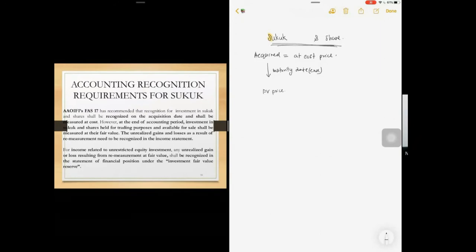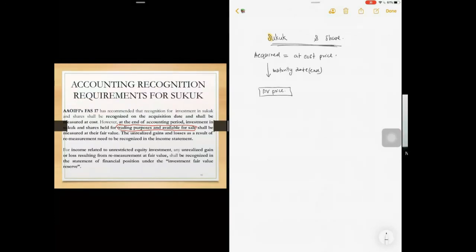Ini untuk suku atau share yang for trading purposes and available for sale sahaja. Sebab trading purposes ni memang untuk dijual ataupun dibeli. Dan sama juga kalau available for sale ni, dua-dua akan dijual at the end of maturity date. So kalau kita nak jual tu, mestilah dijual dengan harga fair value price.